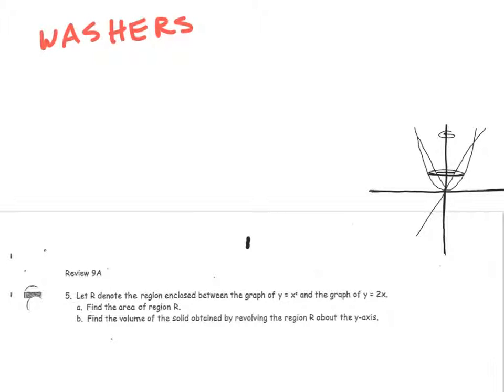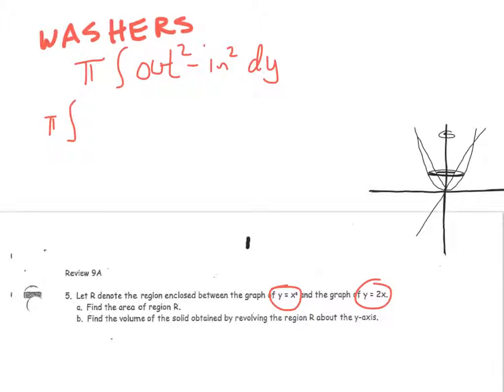I just write down, I want pi times outside squared minus inside squared. This is a dy situation, so a little slice of the y-axis. The outside function squared minus the inside function squared. I have to have everything in terms of y, so I have to write both of those beginning equations in terms of y.